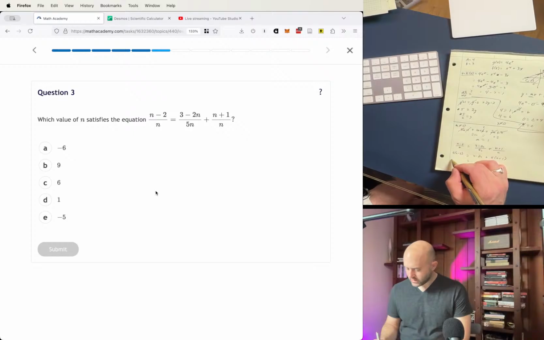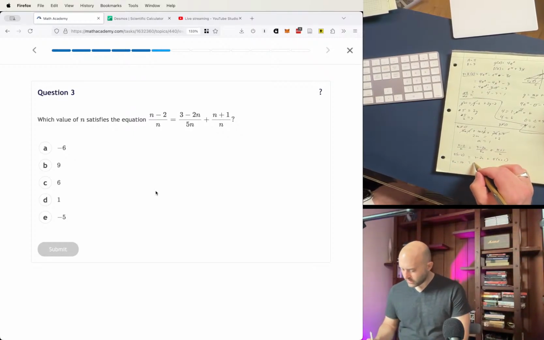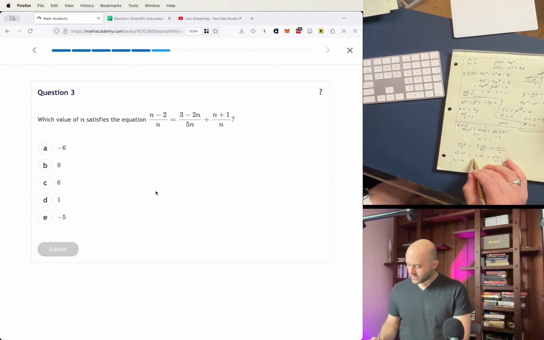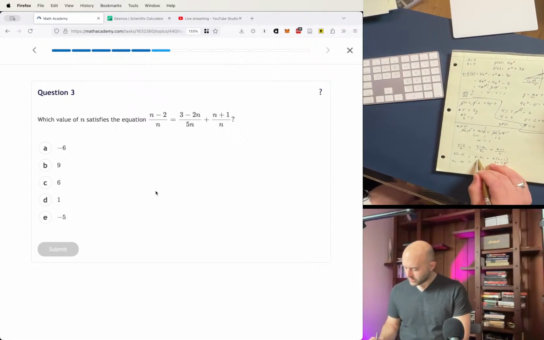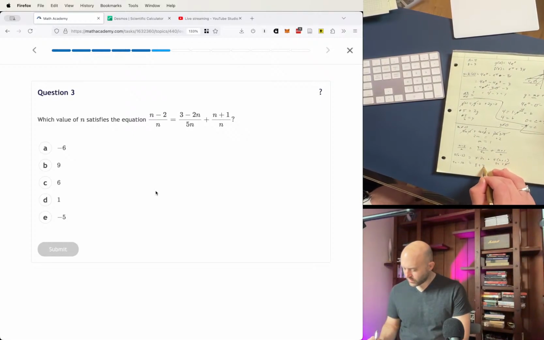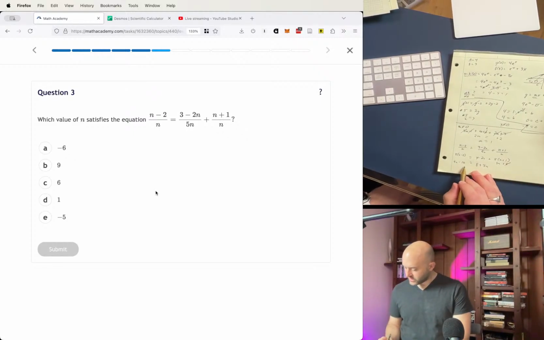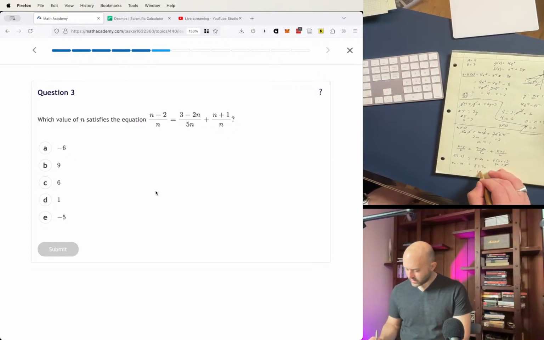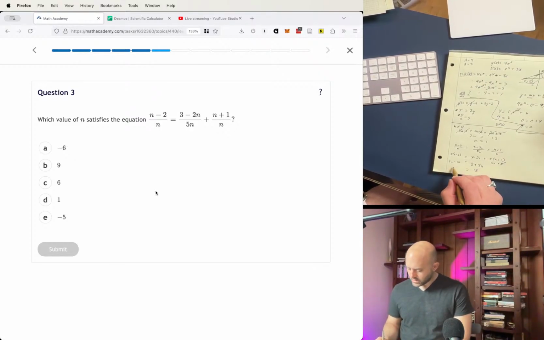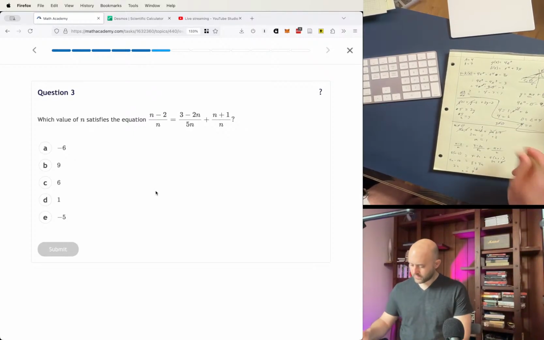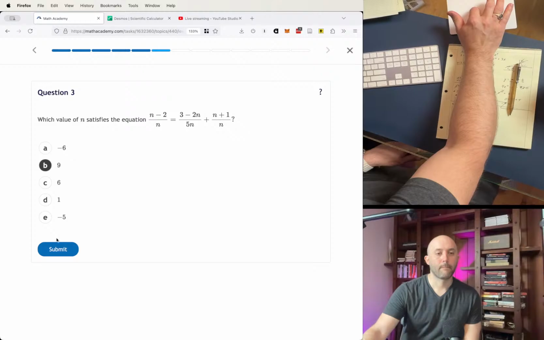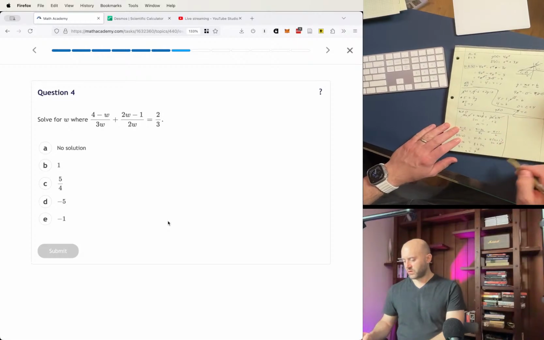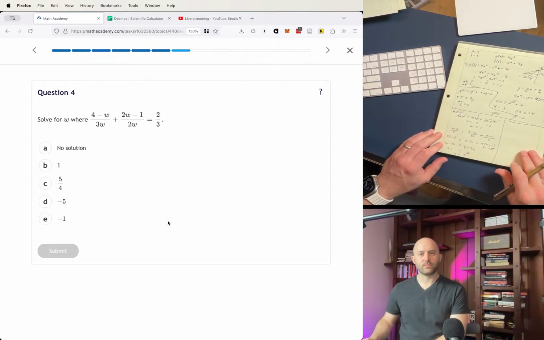So this is 5n minus 10. This is 5n plus 5, 5n plus 5. 5 plus 3 is 8, minus 2 plus this is plus 3n, is n plus n minus 10. Let's throw the n over here, and throw the 10 over here. So we have 18 equals 2n, it means n equals 9. Boom.